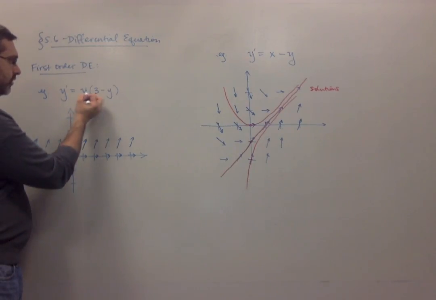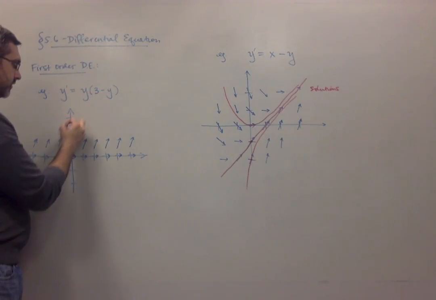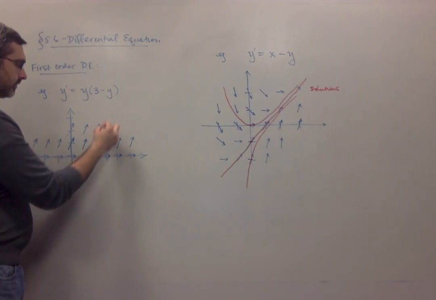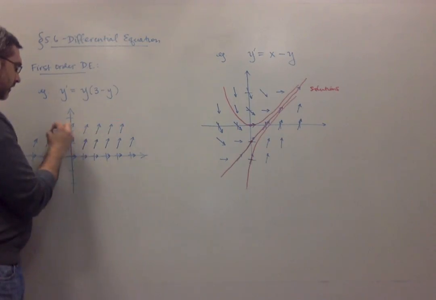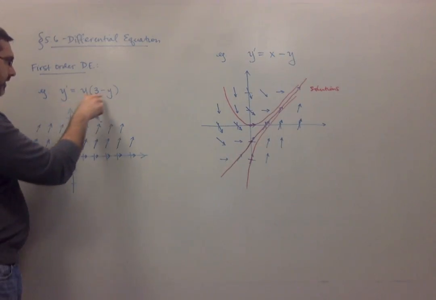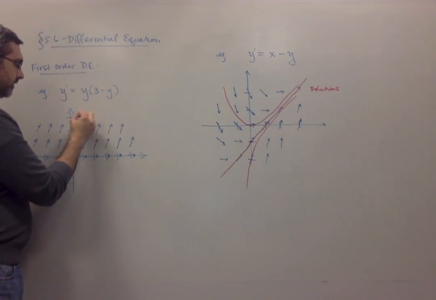Okay, at y equals 2, I get 2 times 1 is again 2. But what you'll notice is that when my y value is 3, I get 3 times 0 gives me a slope of 0 again.